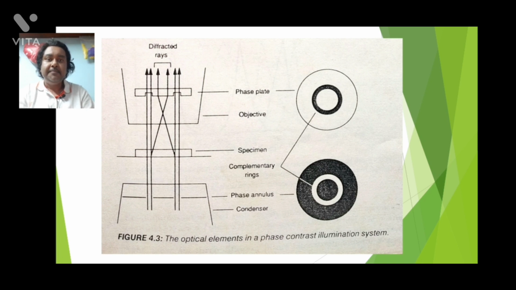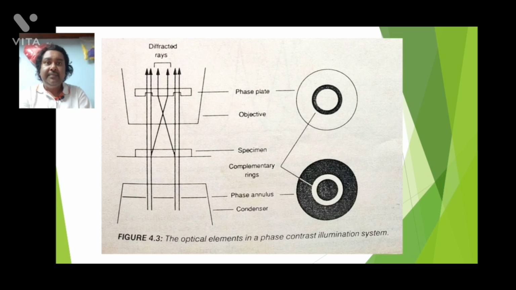In the phase contrast microscope, the advantage is that in the case of a biological specimen, it changes the phase by lambda by 4, and this lambda by 4 change is not perceptible to our eyes.